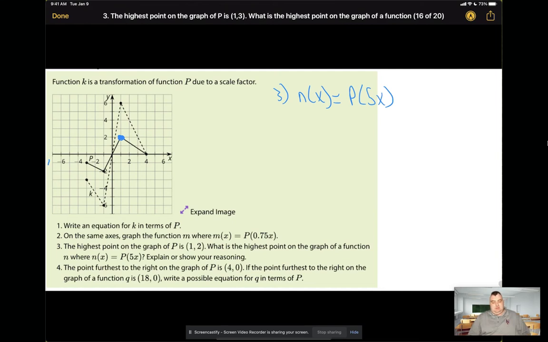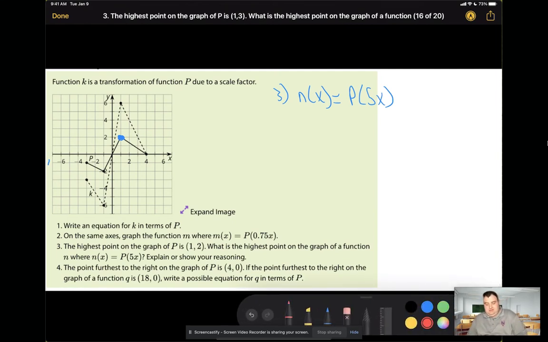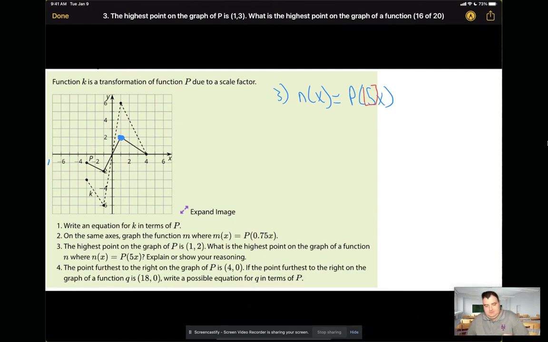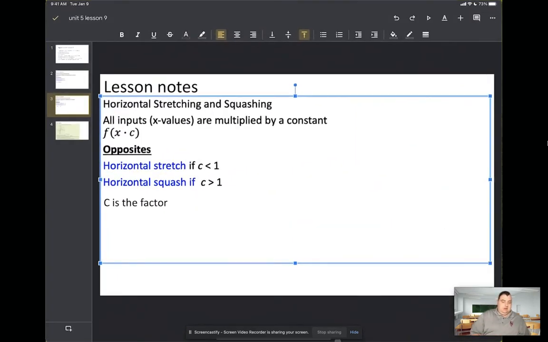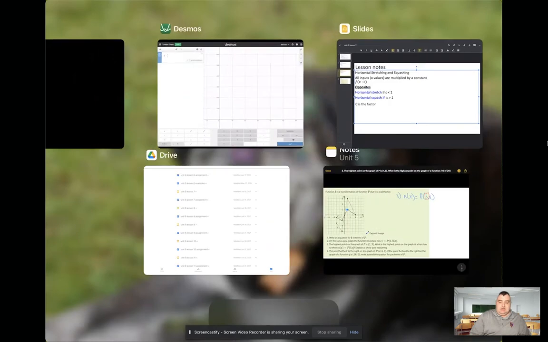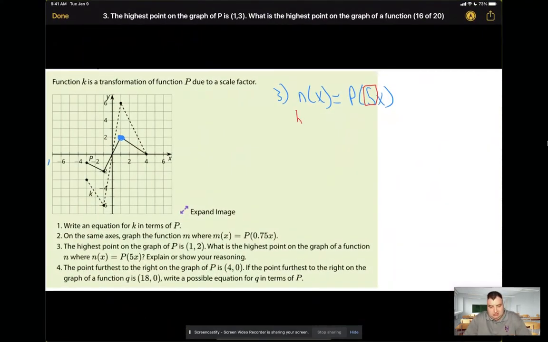Okay. So now the number that's inside is 5. All right. So it's a horizontal one. 5 is obviously greater than 1. So greater than 1. So that's a horizontal squash. So this is going to be a horizontal squash this time.